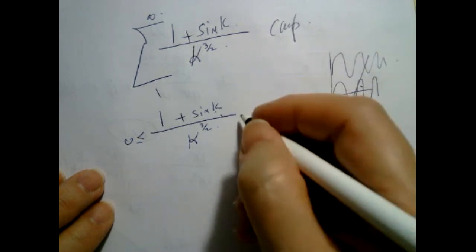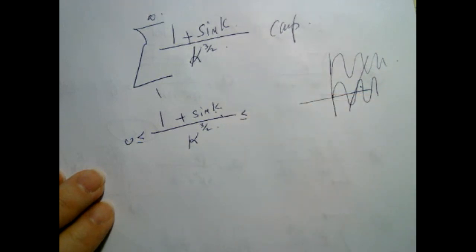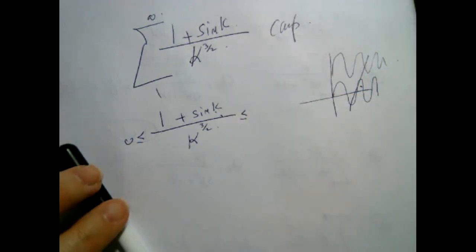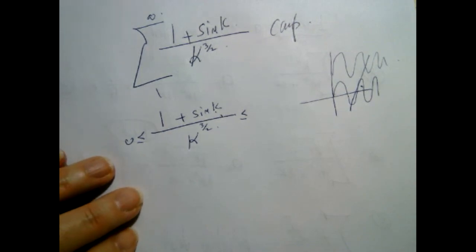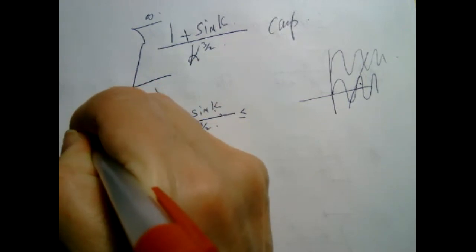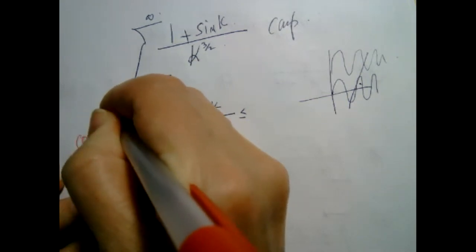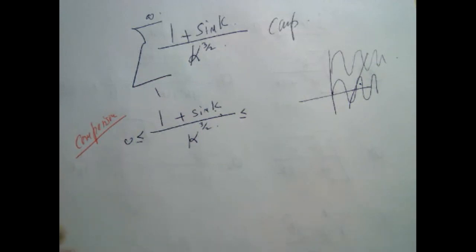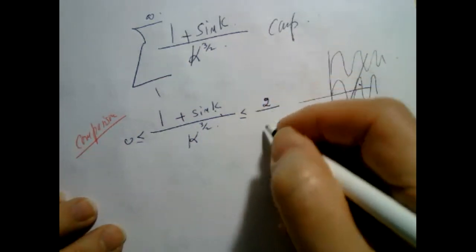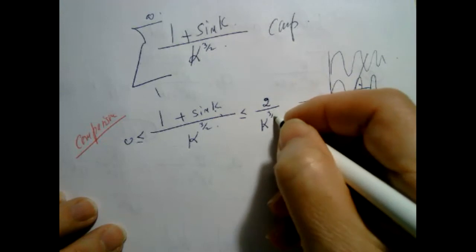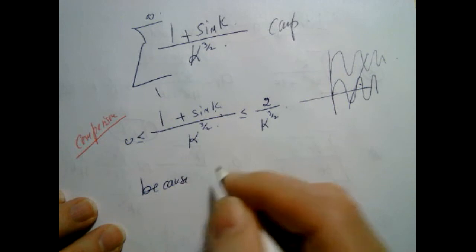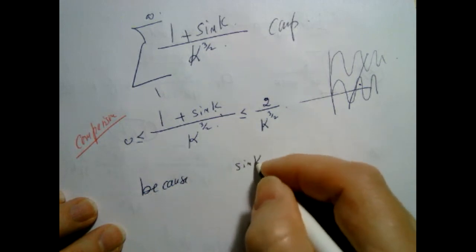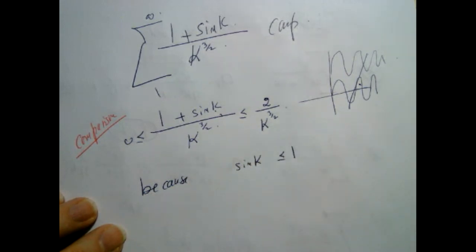Okay. Now, what shall I compare it with, though? Comparison has to be a solid comparison. We have no choice. It's 2 over... very good. Not maybe, absolutely correct. Why are you correct? Because the sine of k is always less than 1, regardless of what k is.